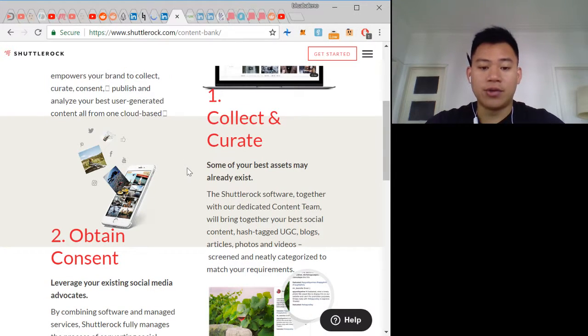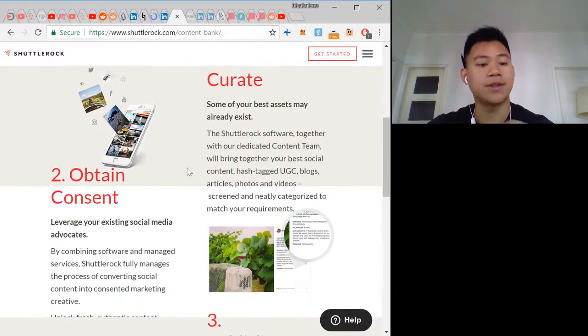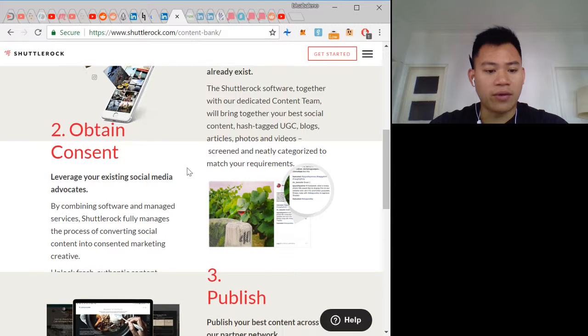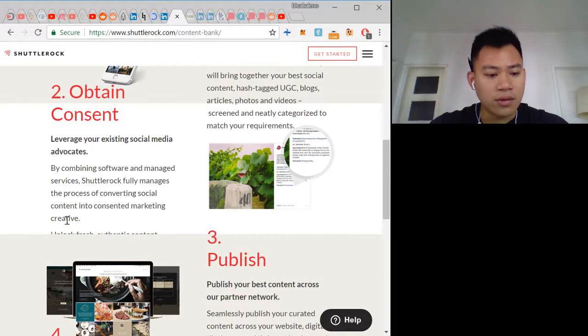Collect and curate. Some of your best assets may already exist. Shuttle Rock software, together with our dedicated content team, bring together your best social content, hashtag UGC, blogs, articles, photos, and videos, screened and neatly categorized to match your requirements. Obtain consent. Leverage your existing social media advocates. By combining software and managed services, Shuttle Rock fully manages the process of converting social content into consented marketing creative.